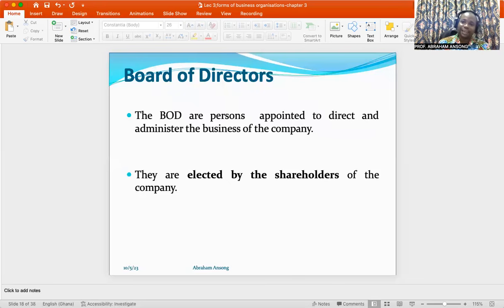Okay, they will then in turn employ the other employees of the company. So it's the management that will be responsible for the day-to-day management of the business, but they are supervised and directed by the board of directors, who are supposed to be the representatives of the shareholders of the company. Okay, this is coming from the concept of corporate governance, or the idea of corporate governance.